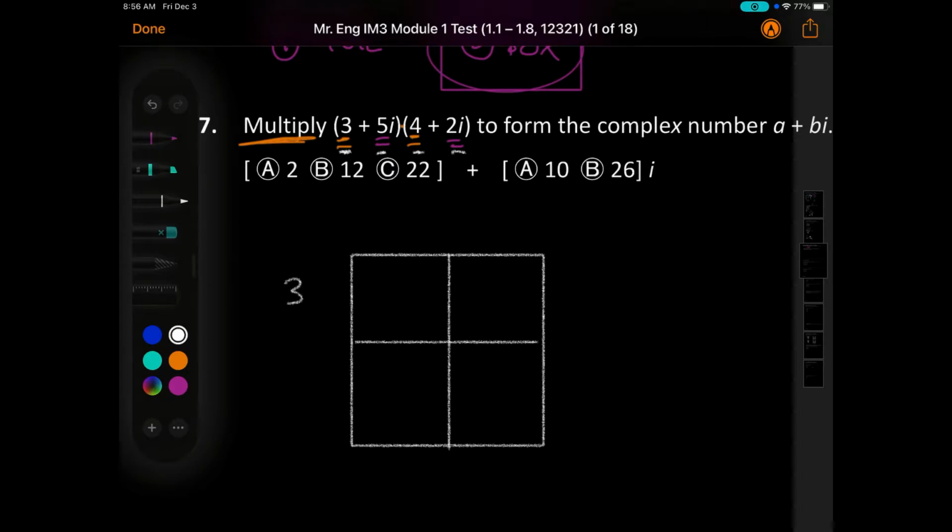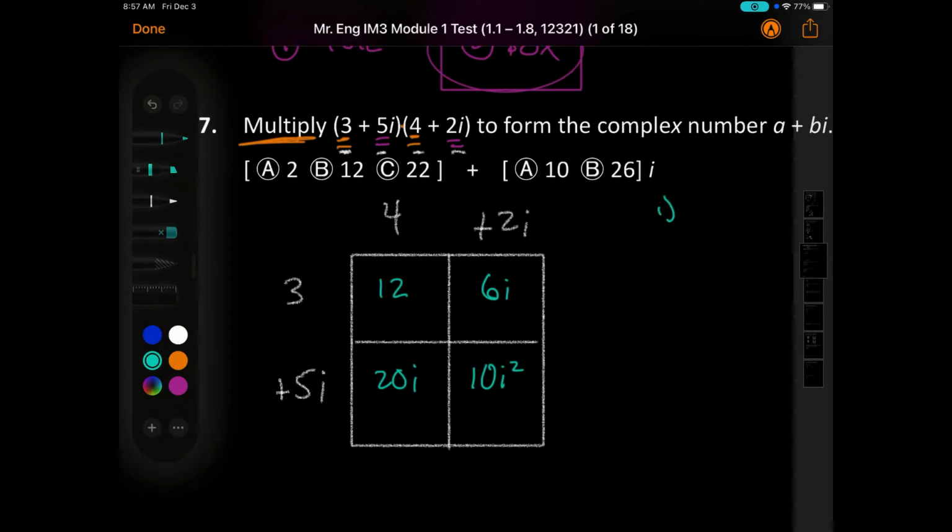Okay, so let's write 3 plus 5i and 4 plus 2i. 3 times 4 is 12. 3 times 2i is 6i. 4 times 5i is 20i. And 5i times 2i is 10i squared.